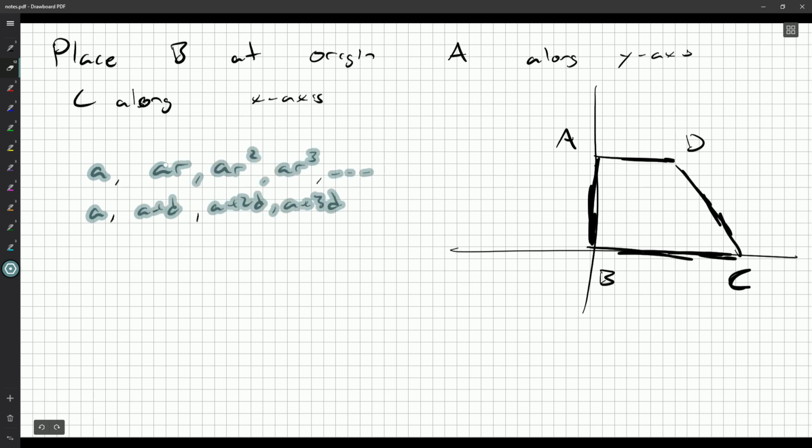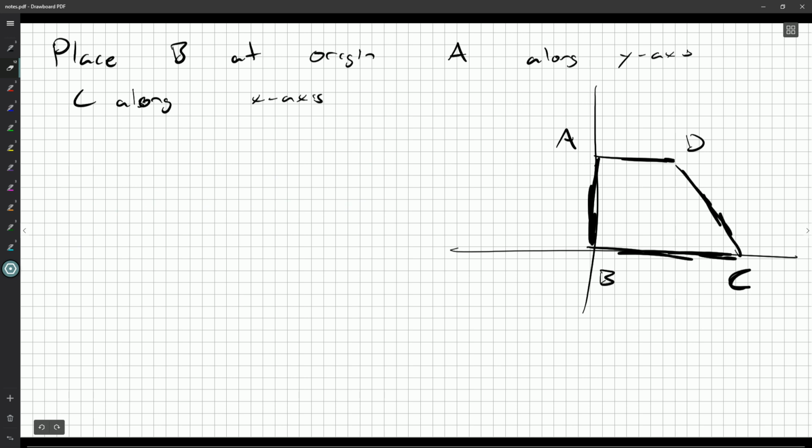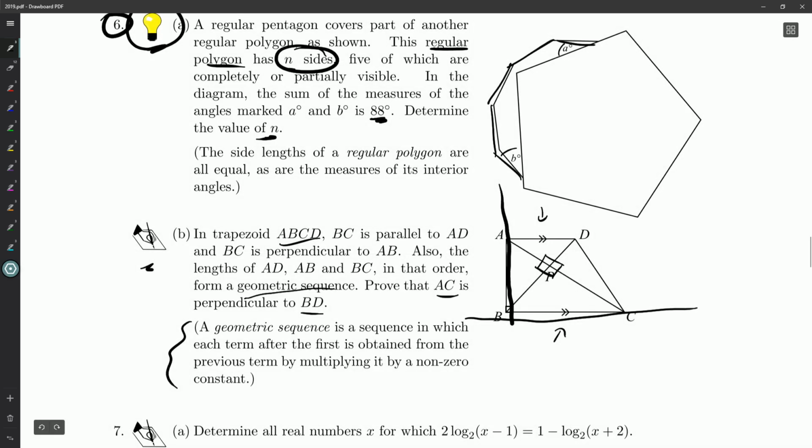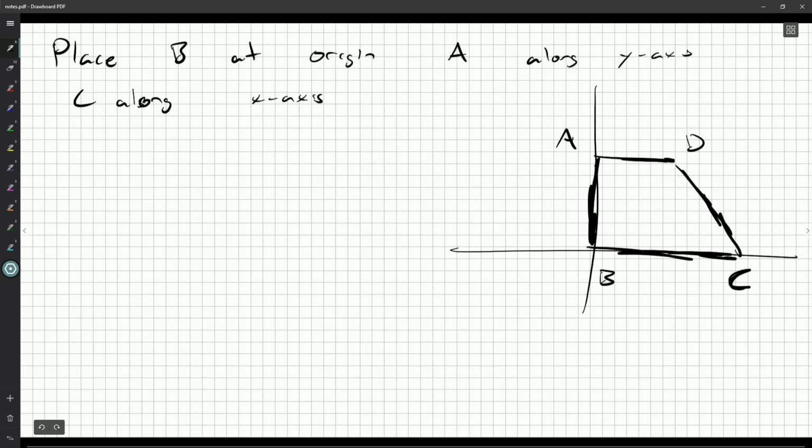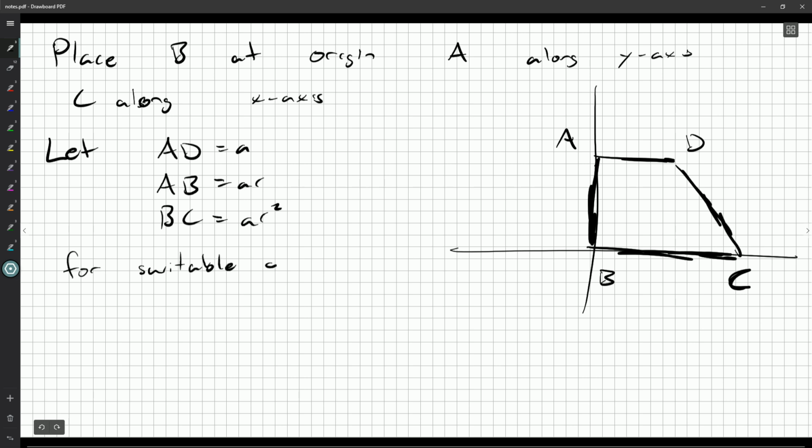Okay? So they gave us a particular order for these sides. What was it? AD, AB, BC. So let AD be A, AB be AR, and BC be AR squared, for suitable A and R. We know this can happen because it's a geometric sequence.